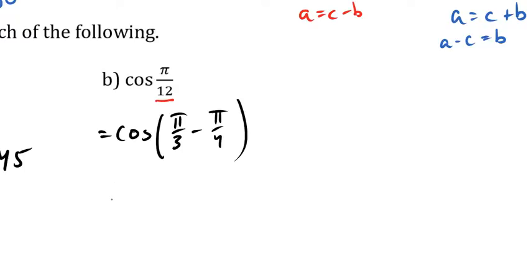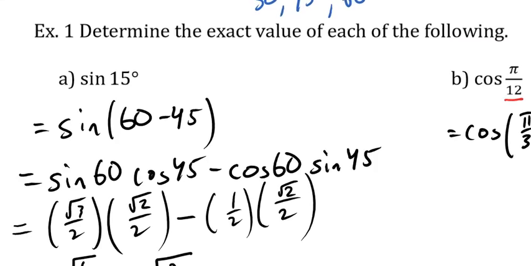My last tip before we go on and do this: I don't want to see you doing this on a test, but on scrap paper would be fine, or in your head. You can also realize that pi by 12 is 15 degrees. So it's the same question. 60 minus 45, 45 minus 30 will both give me 15.